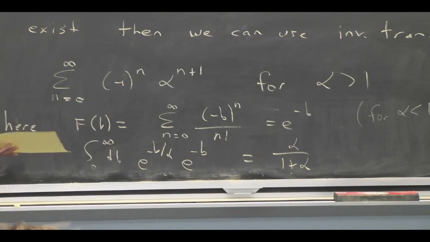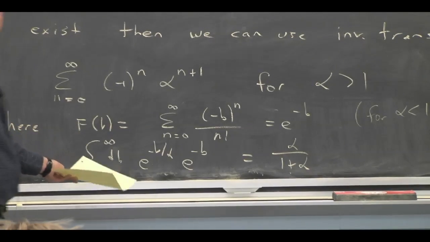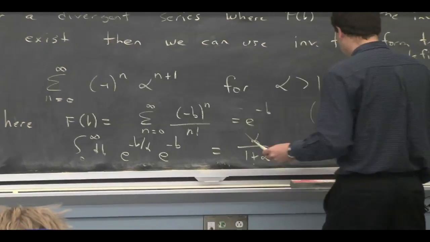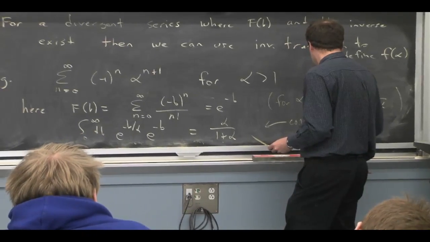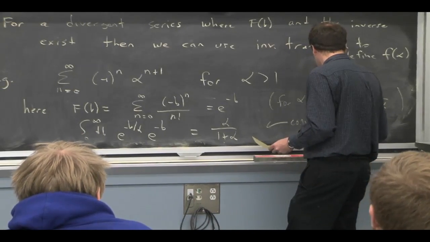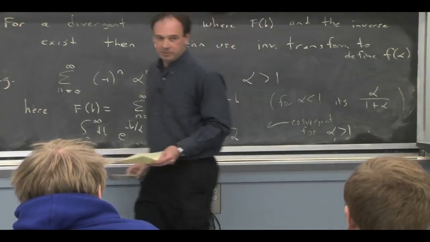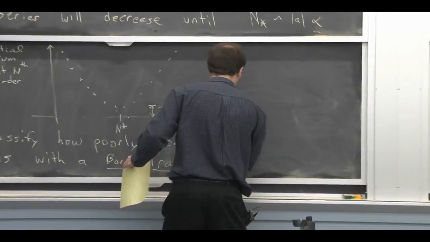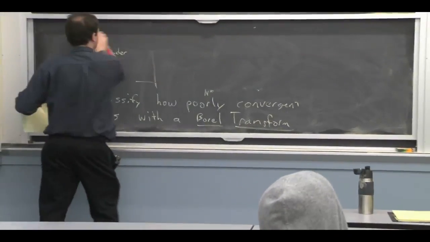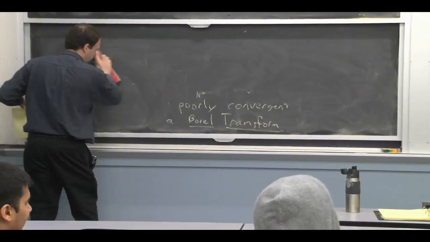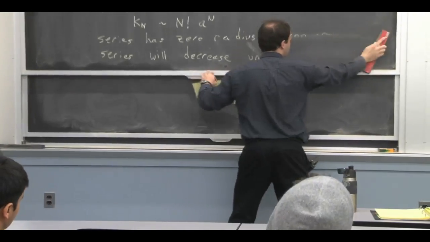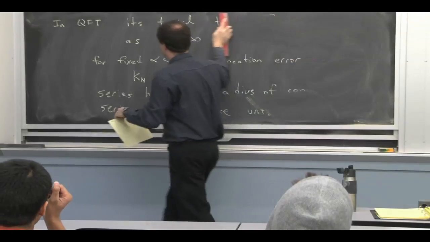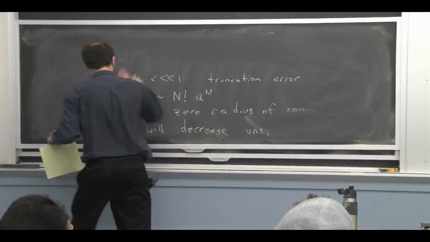And this is a perfectly well-defined integral for large alpha. Large alpha is even making it better. So the integral is perfectly well-defined, and we get an answer that we like. Okay, so this Borel transform is a useful way of dealing with divergent series.